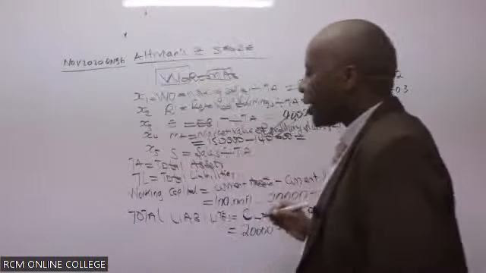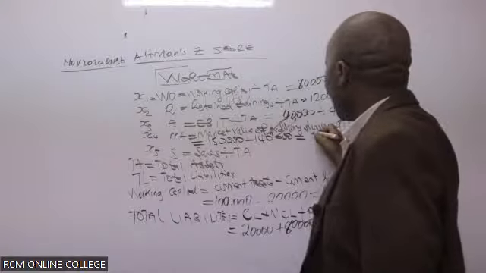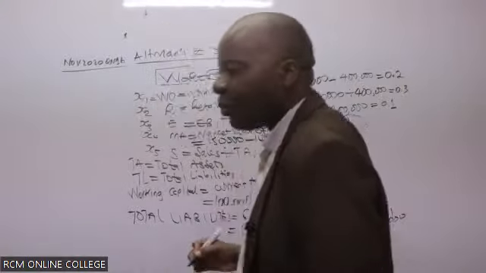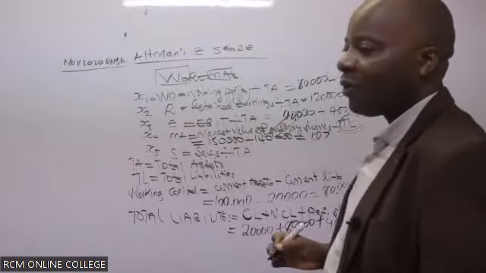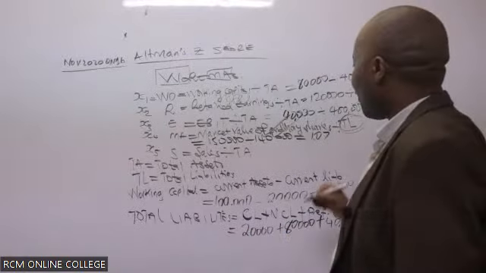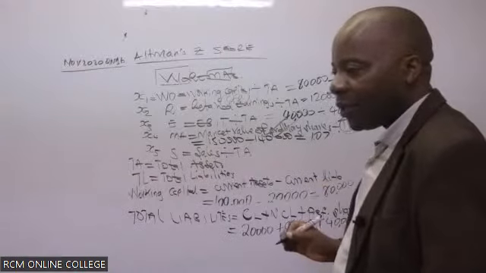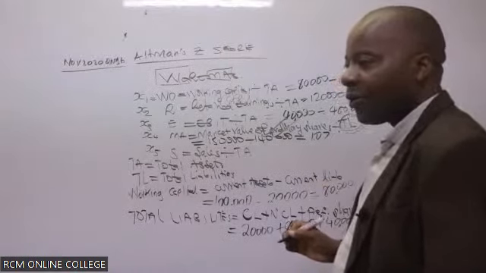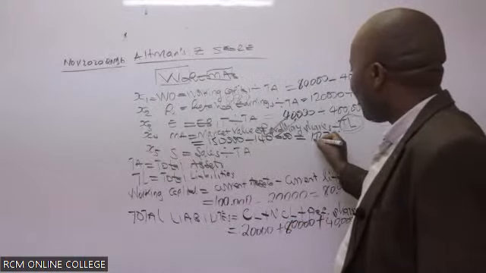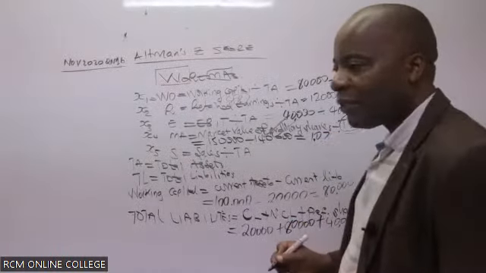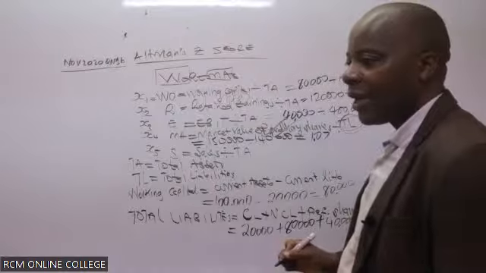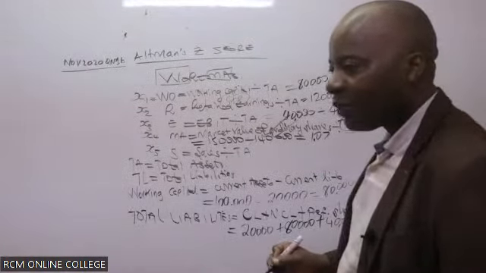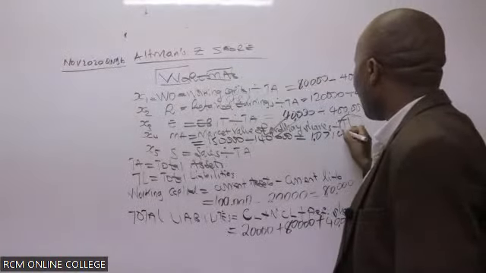Remember we put many decimal places for this one, four decimal places to be precise. I'm waiting for somebody to give me the four decimal places. 1.07 something. 1.0714. Thank you very much.